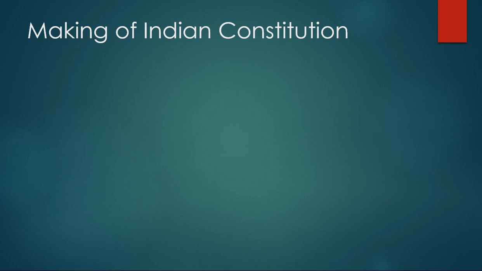The next important topic in this chapter is the making of the Indian Constitution, that is, its history. As we all know, before independence we were ruled by the Britishers, and most of their rules were arbitrary, like the Sedition Act or the Rowlatt Act. We will discuss these arbitrary rules later.